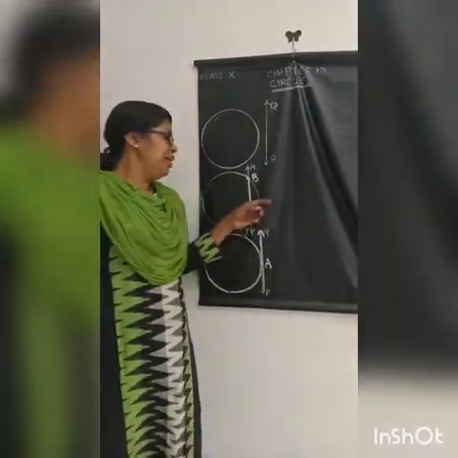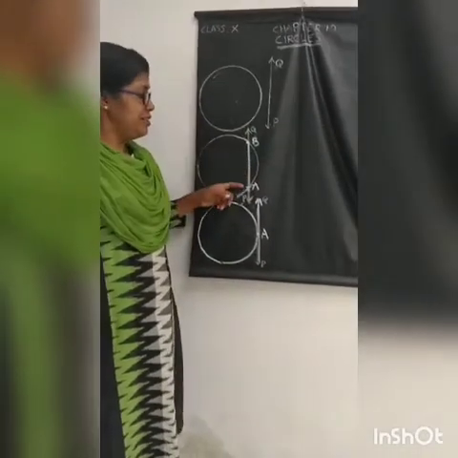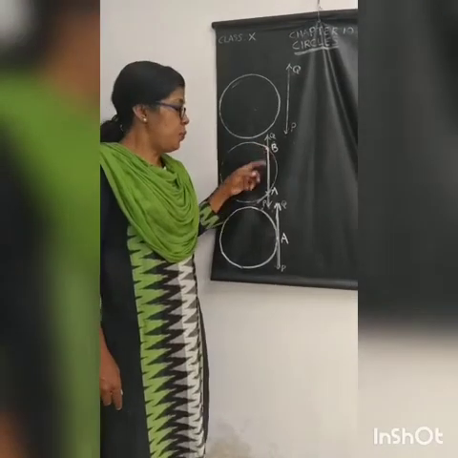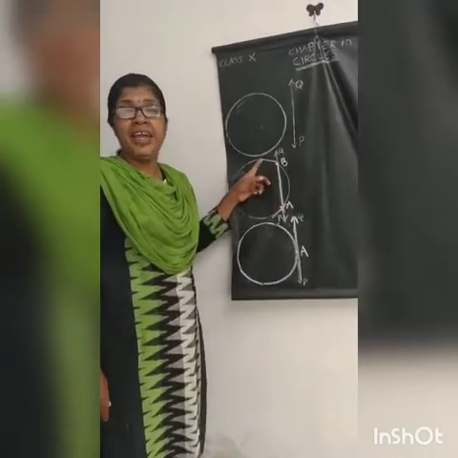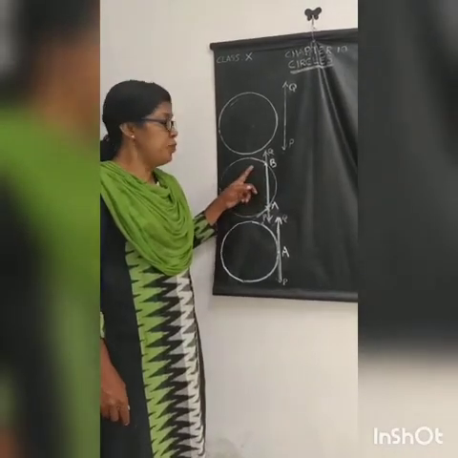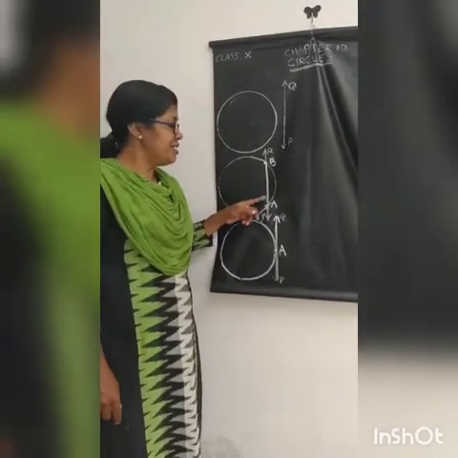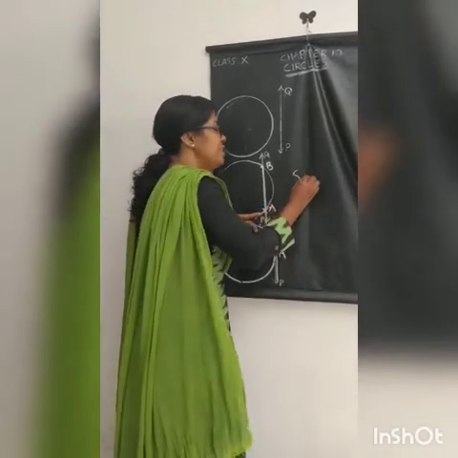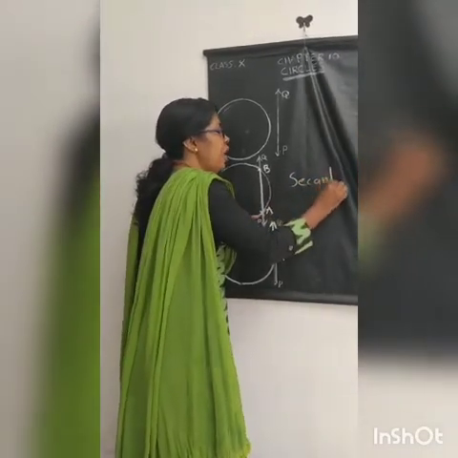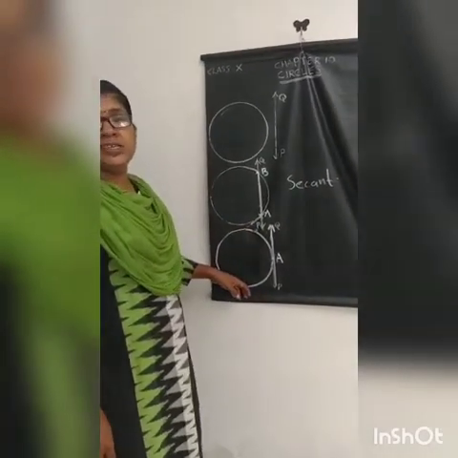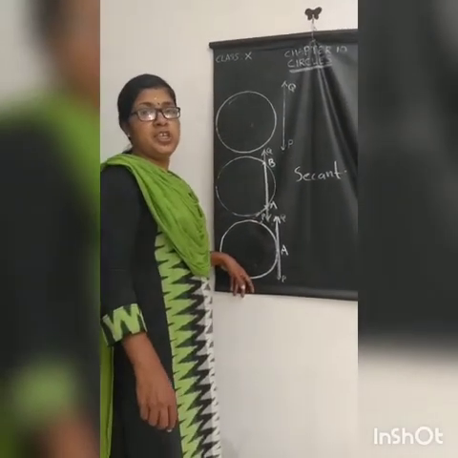Next case, in this case, PQ is intersecting the circle at 2 points, that is, at A and B. The line intersects the circle at 2 points. In this case, line PQ is called a secant of the circle. What is a secant? How can we define a secant? A secant is a line which intersects the circle at 2 distinct points.